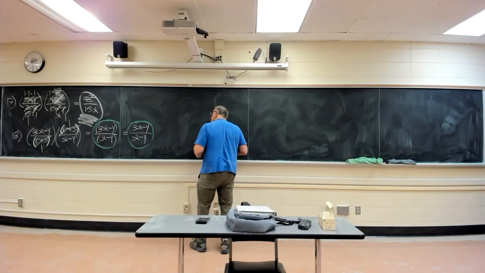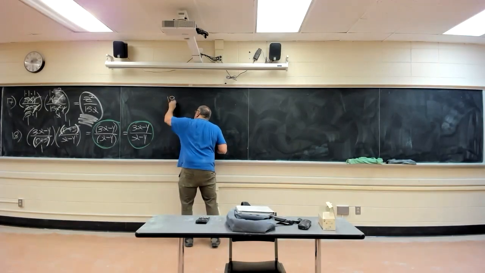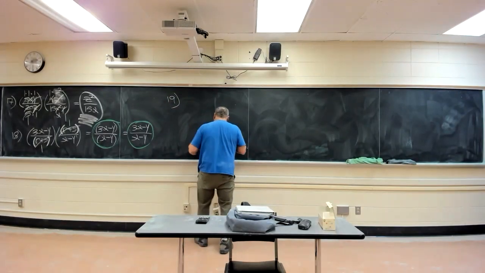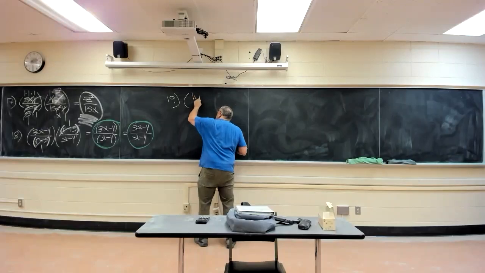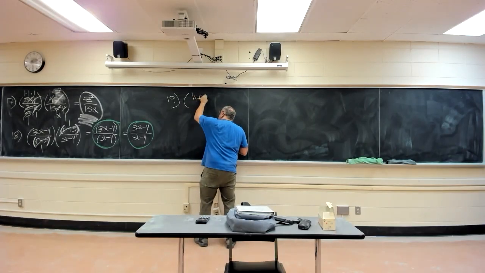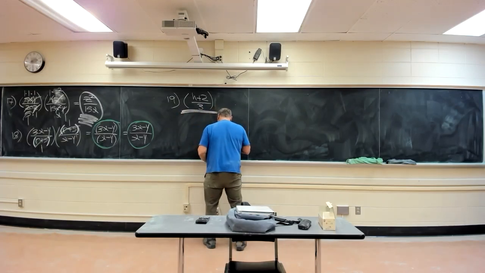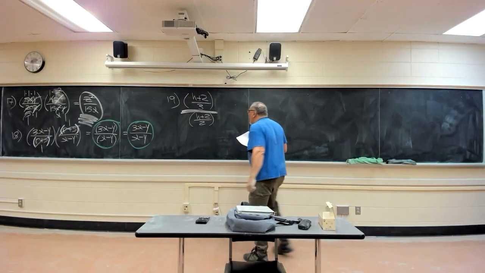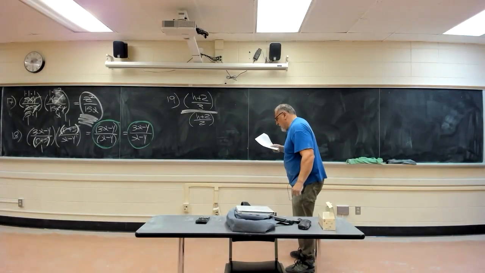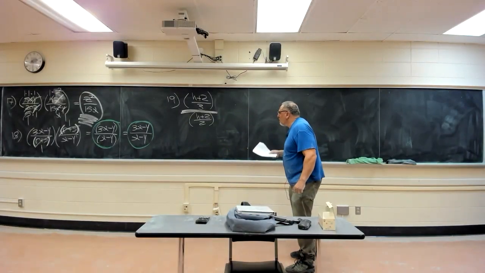See what else we can say here, guys. 19 is h plus 2 over 3, divided by h plus 2 over 2.